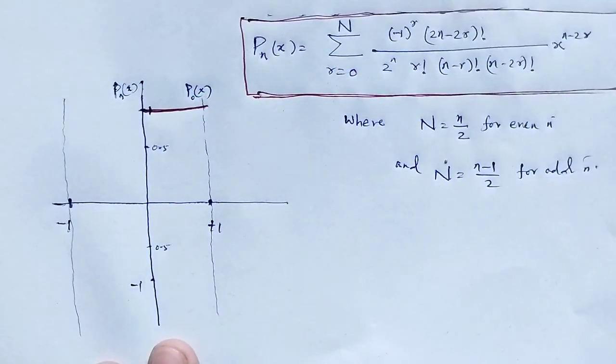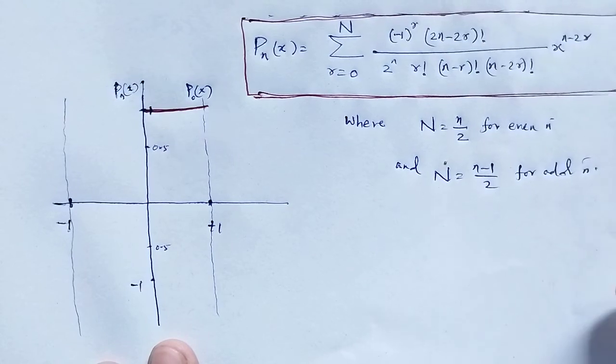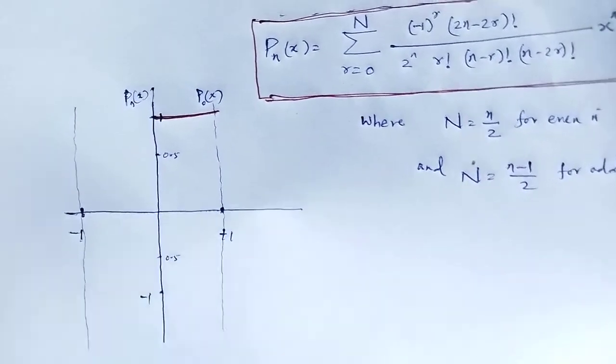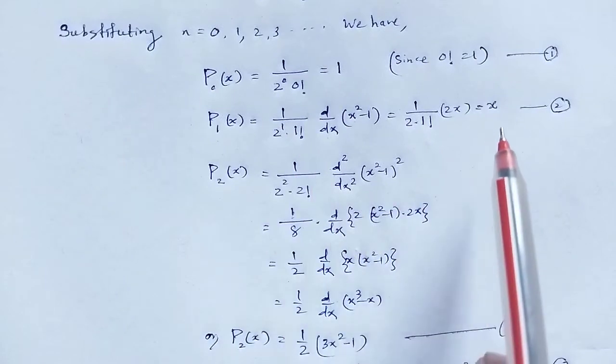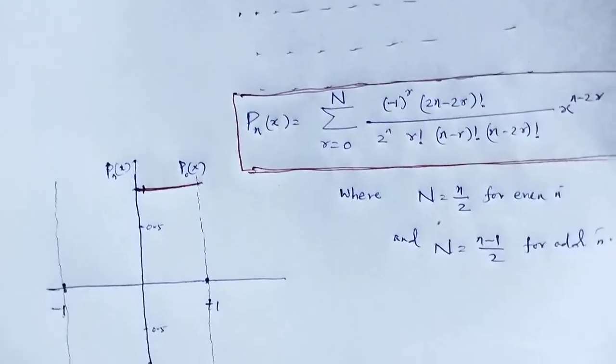Then P1x is equal to x, that is a straight line.